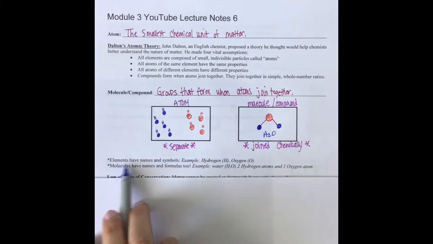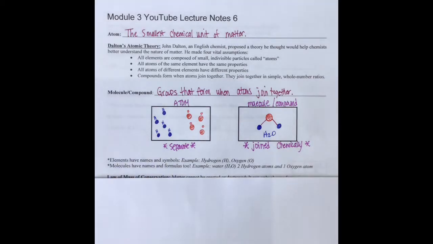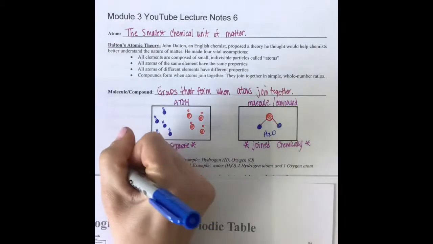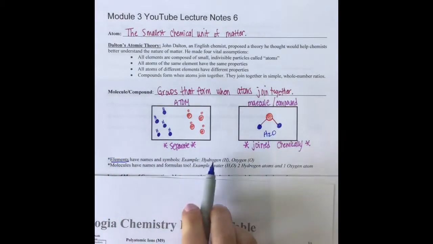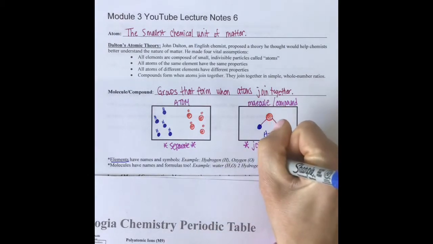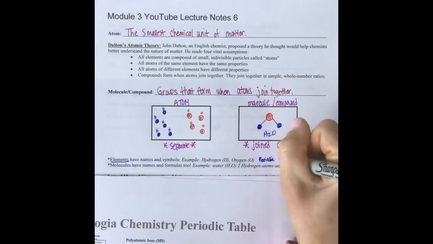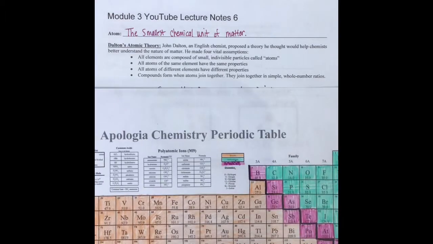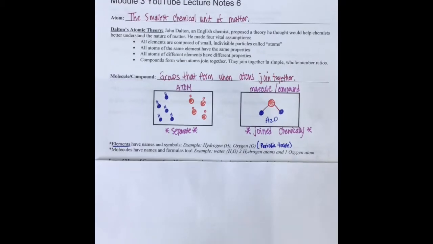Elements have names and symbols. And I think you know that because you've done quite a bit with the periodic table. Elements you're going to find on the periodic table. They have a name and a shorthand symbol. And I'll just write periodic table here to remind you that that's where we find all of our elements.